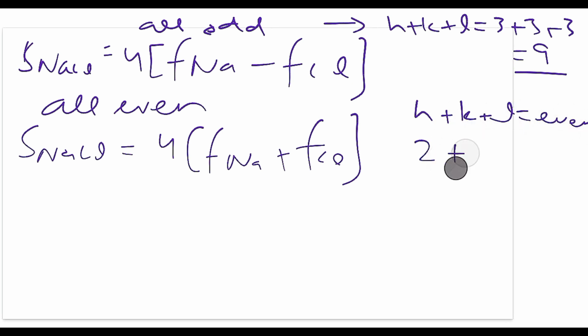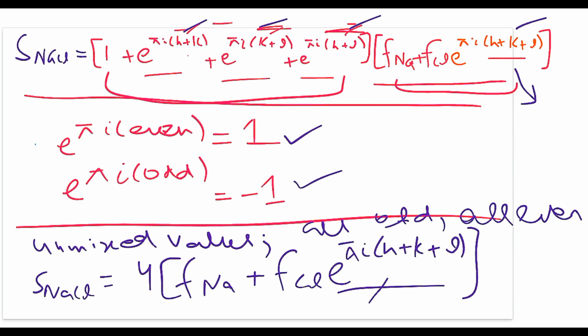It's just like 2 plus 4 plus 8, you add it up and you always get an even number. So this power becomes e to the power pi iota times even, which equals +1.